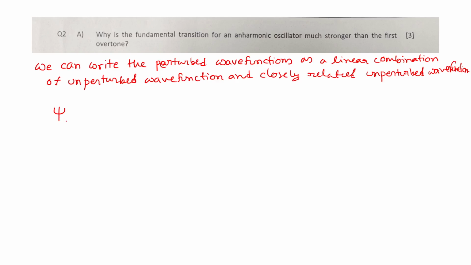So we can write the v equals 0 state as the unperturbed one plus some coefficient times other states, and i cannot be 0 because we have already taken this into account.